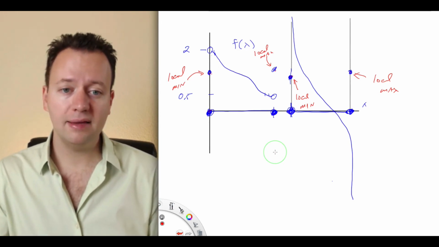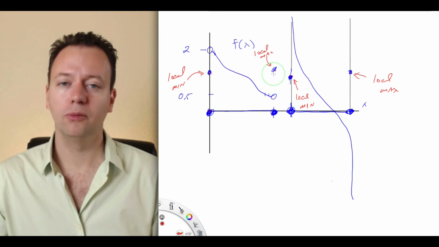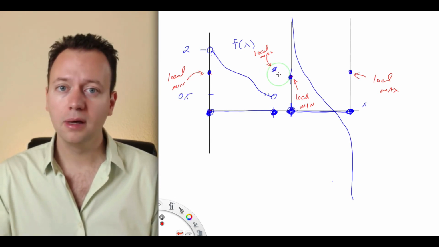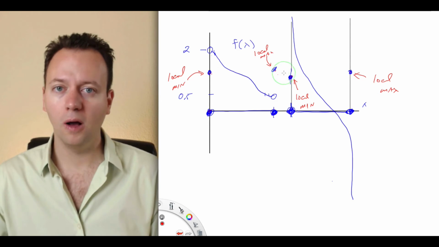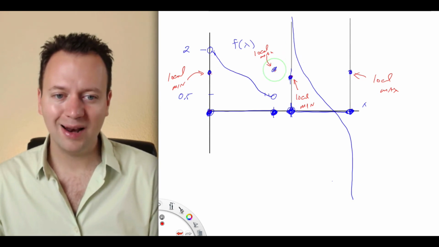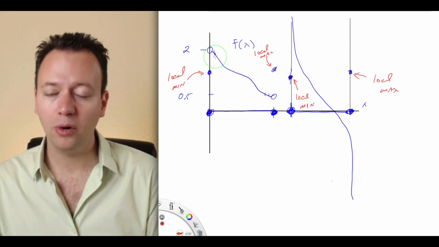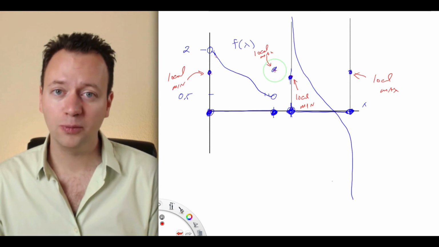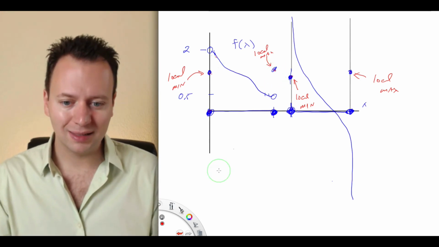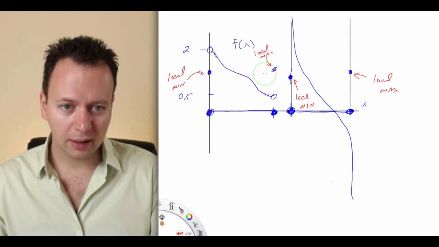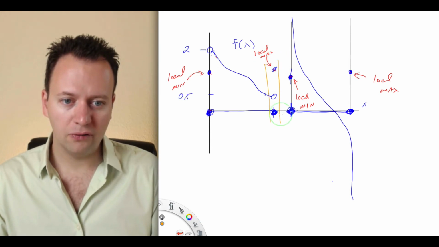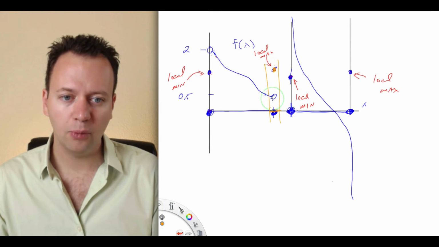Well, it must be that the local max is the global maximum, right? Because there's only one maximum, so that must be the global. Wrong, right? This cannot be the global maximum, because here's a point on the domain that's larger than this point. Remember, local just means that if I look in a sliver of the domain, very close to that point, this is the greatest output value.